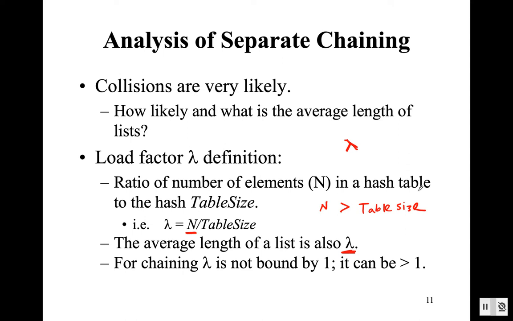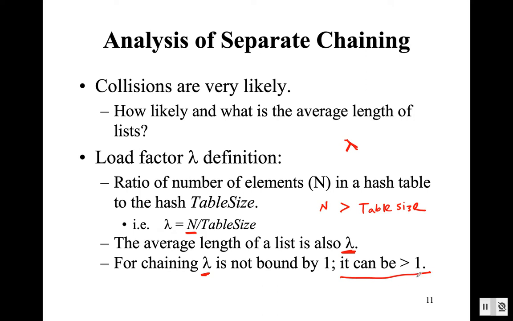The load factor gives us the idea about the average length of a list. For chaining, the load factor could be greater than 1, and in that case the searching cost could also be greater than 1.